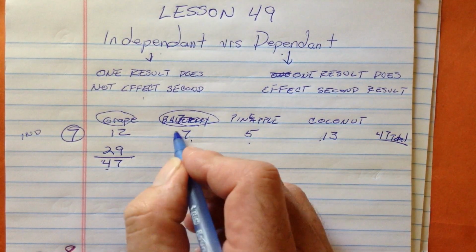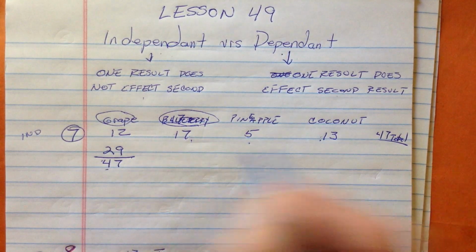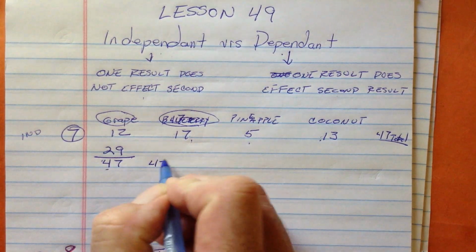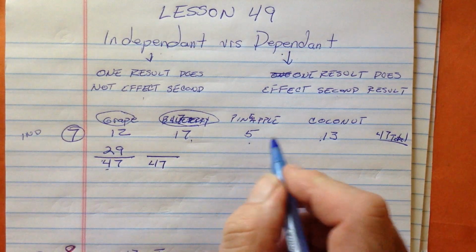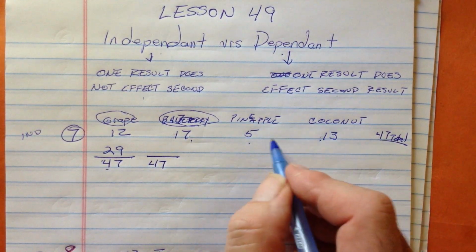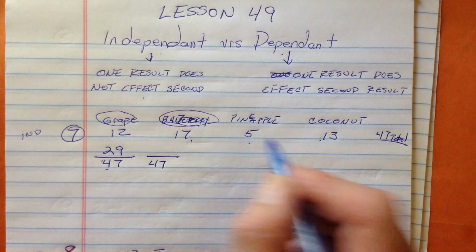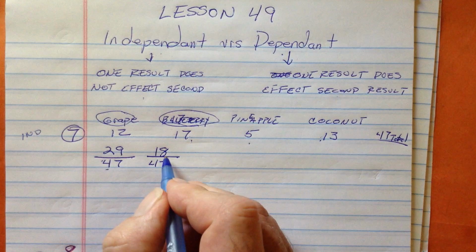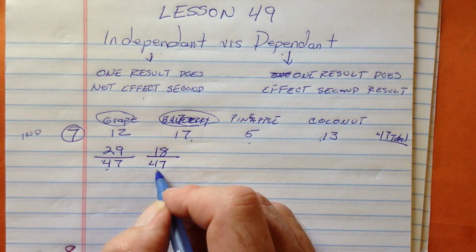Since I replaced the blueberry or the grape or whatever one I pulled, there's still 47 in the jar. But this time I want a pineapple or coconut, so the chances are 13 and 5, that would be 18. So the second drawing, my chances are 18 out of 47.